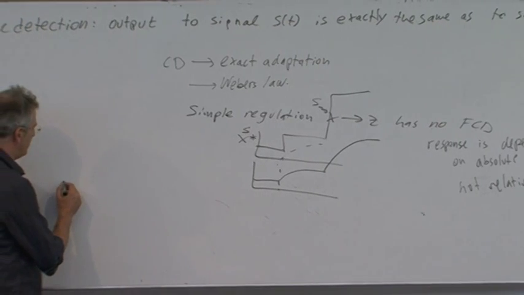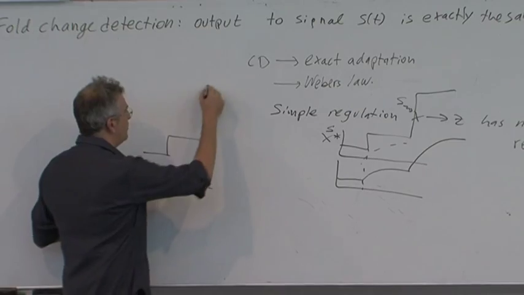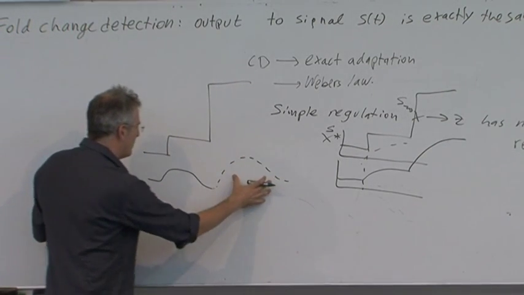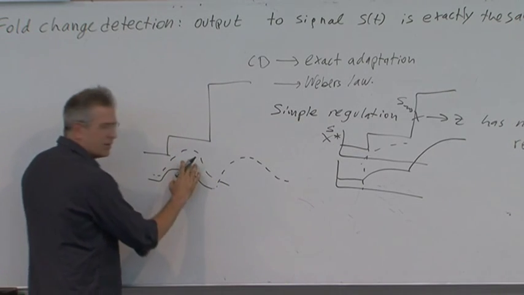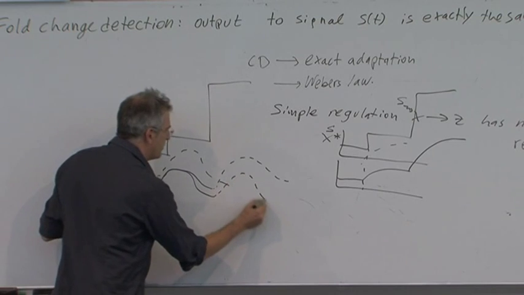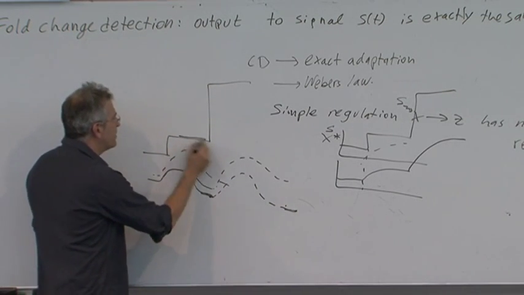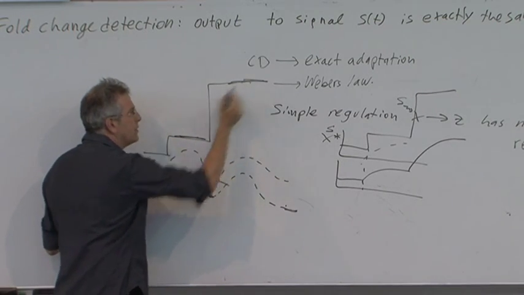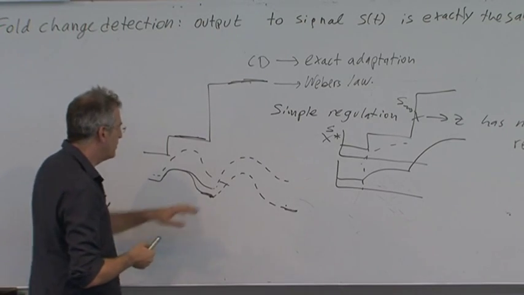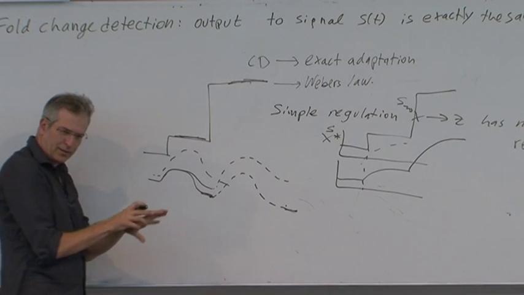Fold change detection means that suppose you have something like this for this step, and then for this step you have something like this, and I want this graph to be exactly like this graph. The only way to do that is if both graphs have the same steady state level, because that's part of the graph. That means the steady state level doesn't depend on the input level. And that means exact adaptation. So I'm not talking about being able to shift the graphs up and down, I mean exactly the same response.